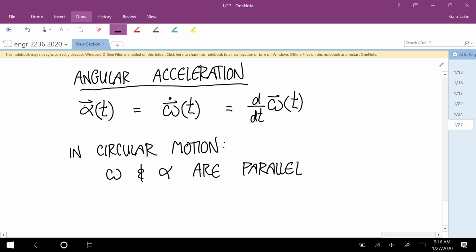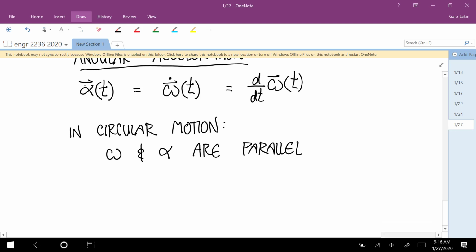So each of those is perpendicular to the circular path. These are vectors. For two vectors that are parallel, there's two possibilities.